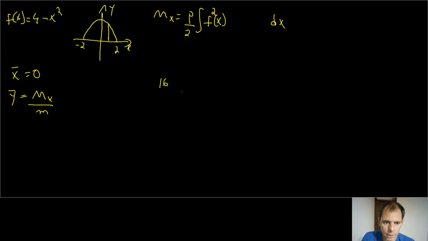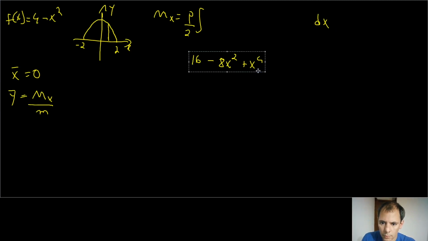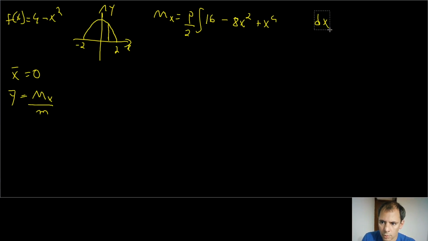Well, it's going to be 16 minus 8x squared plus x to the 4th. So I'm going to drag this here, and I'm integrating from minus 2 to 2.